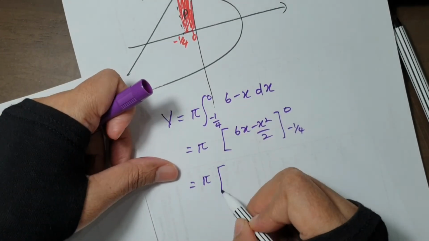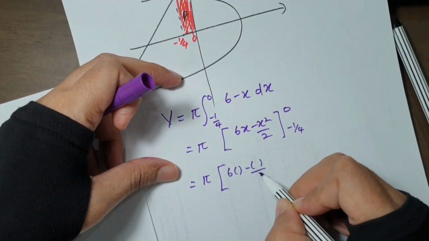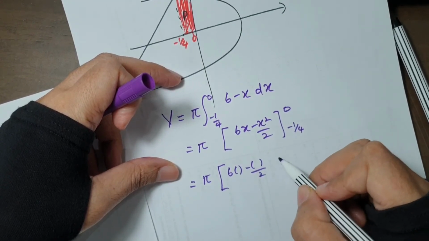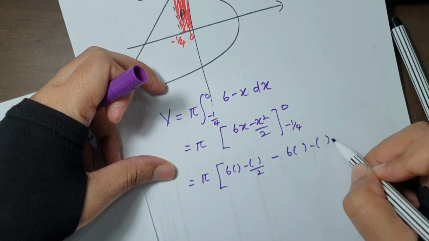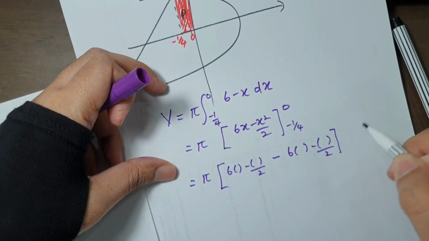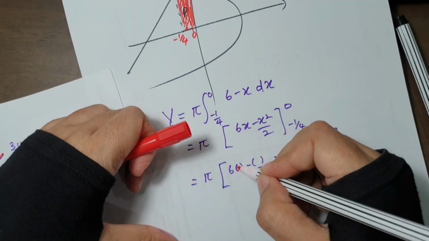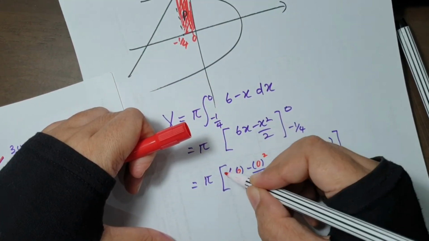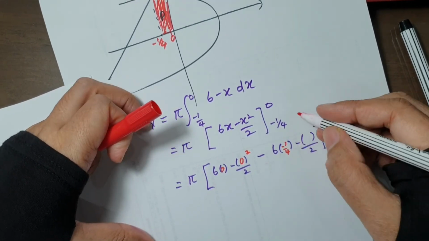pi, masuk 0 dulu. Of course lah 0, tapi tak apa, saya buat je. Masuk negative 1/4. Okay, put in 0, then minus, put in negative 1/4.